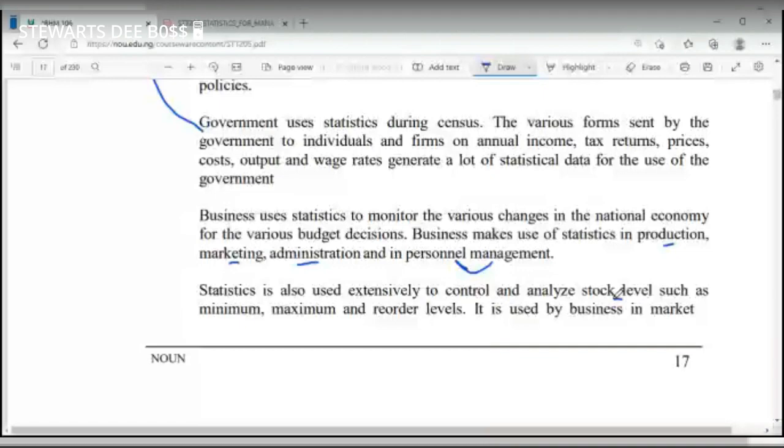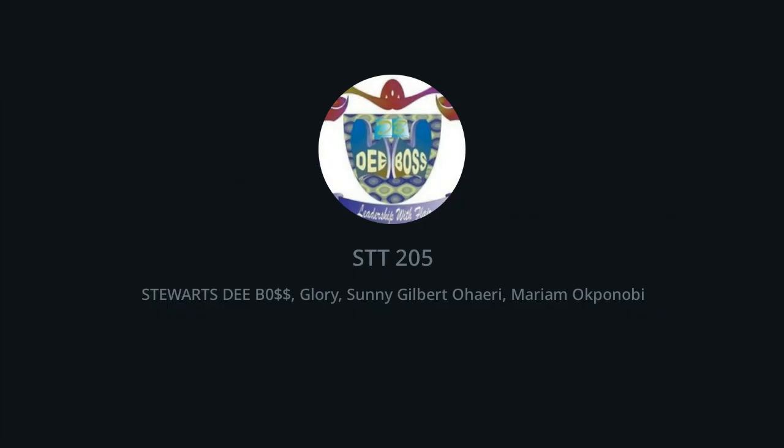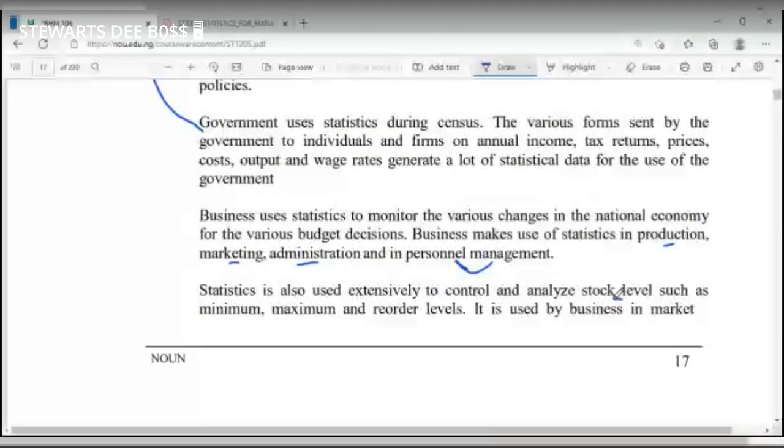If I sell garri, and when my bag of garri starts getting towards midway, I need to go and get another one to fill it up. That is maybe how I run my own business. So I know my minimum stock level. That is, I must make sure that the goods I have with me do not get lower than this.